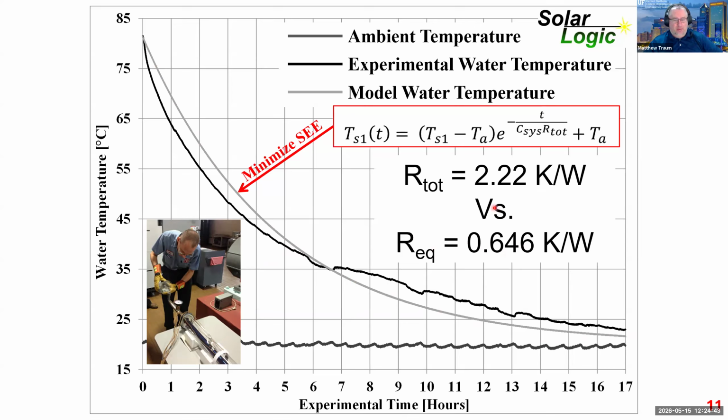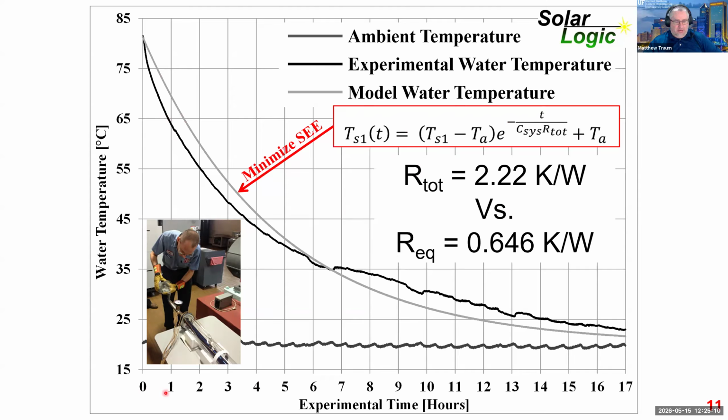But we were able to get a pretty reliable experimental value of 2.22 kelvins per watt for a totally evacuated HCE. And this, by the way, is the equation that we used. And we're trying to do something called minimize the SEE, minimize the standard error of the estimate.